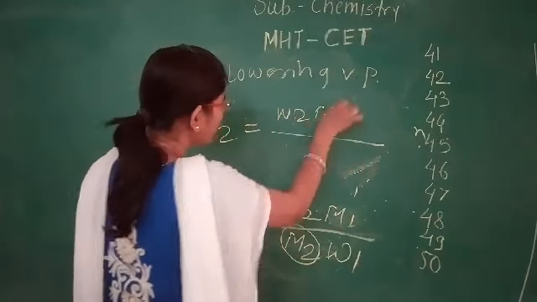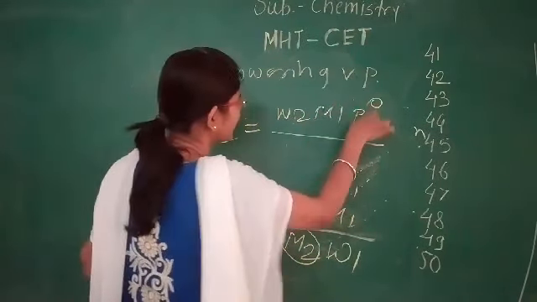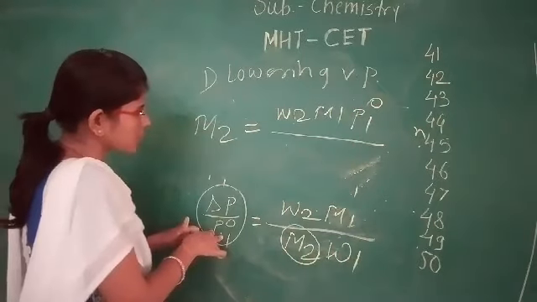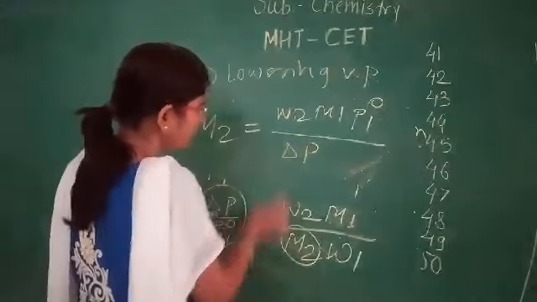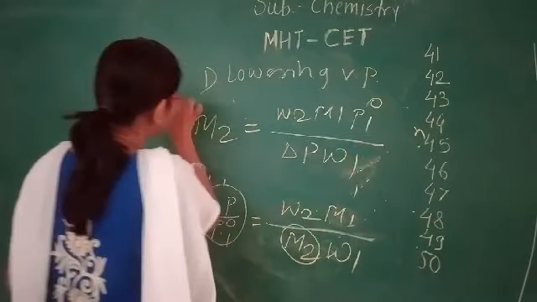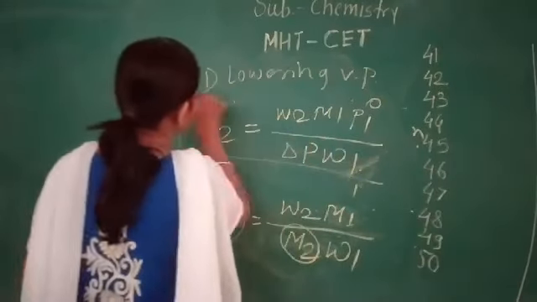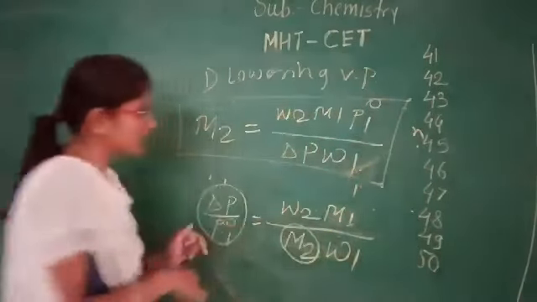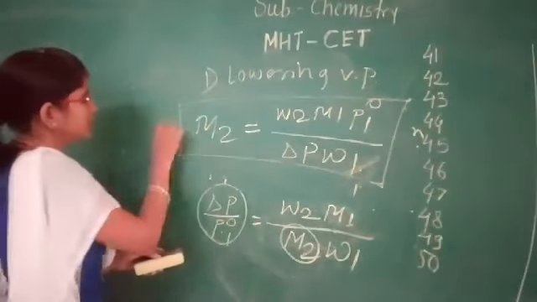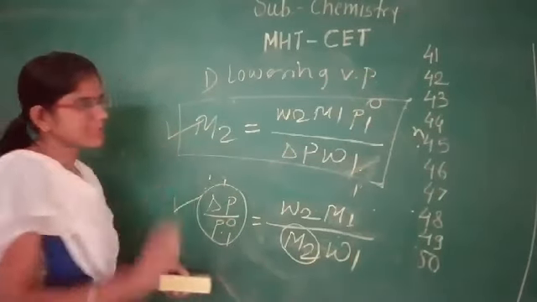W2 M1 P01, that is the vapor pressure of pure solvent, delta P आणि इथे काय येणार आहे? W1. Therefore we have to solve some examples, some MCQs on these equations.